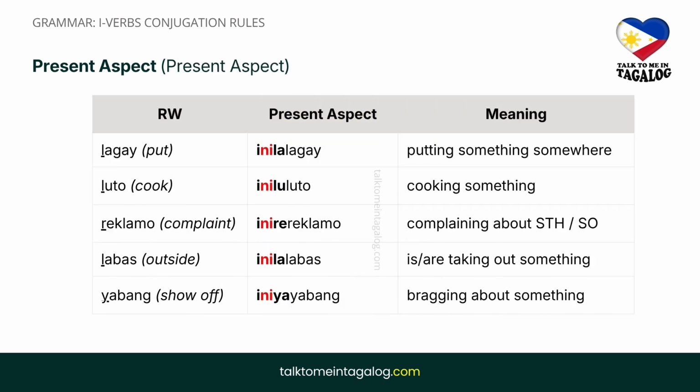Let's study some examples. Root word lagay becomes inilalagay, meaning putting something somewhere. Luto, iniluluto, cooking something.